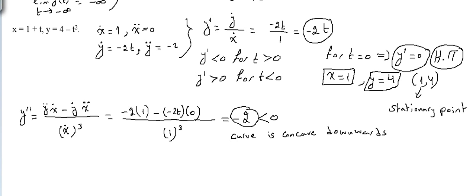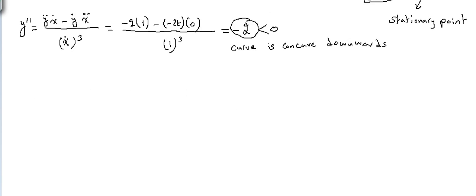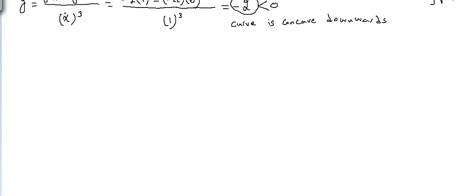Now let's find the x-intercept and y-intercept, which he also asked for in the question. Again, this is the function. Let's find the y-intercept first. If x equals 0, this implies 1 plus t equals 0, and that means t is equal to minus 1.